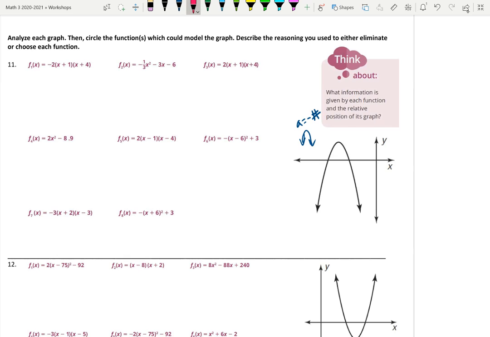I know that it has two zeros that are both going to be negative. So, for example, x equals negative 2, let's say, x equals negative 4, and then this is going to cause the factored form to look like x plus 2 and x plus 4.